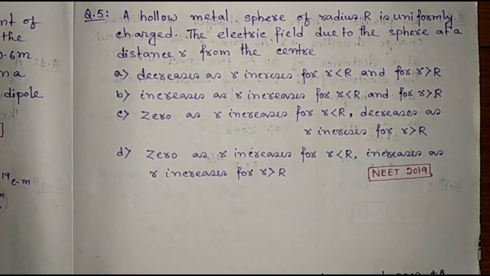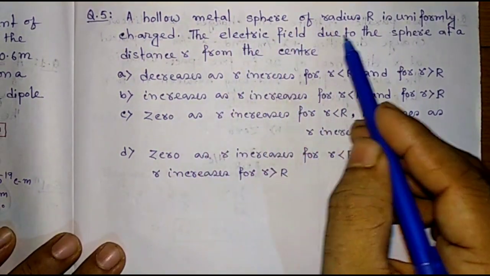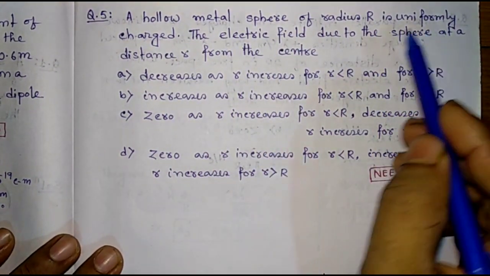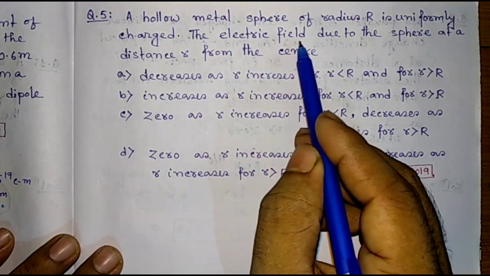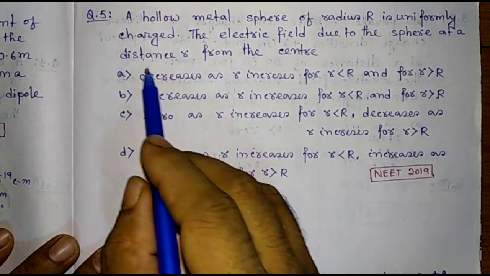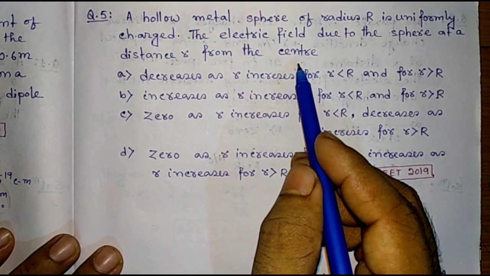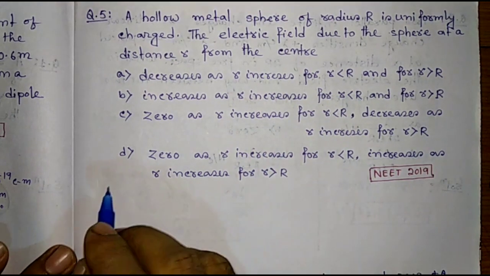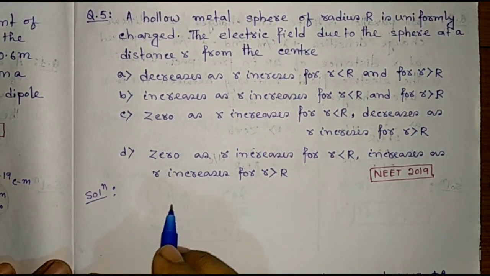Next question is question number 5. A hollow metal sphere of radius R is uniformly charged. The electric field due to the sphere at distance r from the center depends how? So first of all, I make a diagram here.